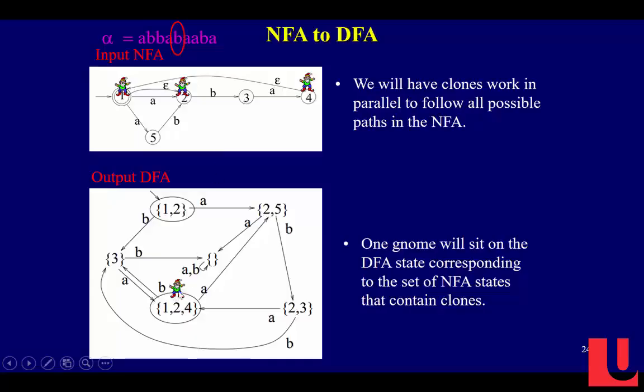So if I'm in this state and I get a B, we move over to this state, and now I'm in a state where there's only a gnome on B. Does that make sense?